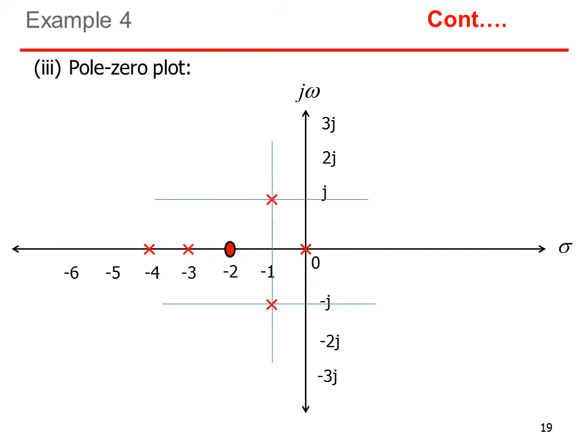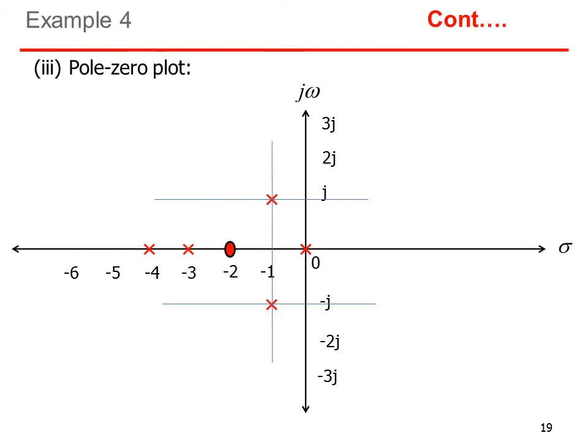Now the pole-zero plot. See carefully. First the zero, that is minus 2, is represented by the circle. Now we draw the poles. First is 0. You can mark it using the cross sign. Then the second pole is minus 3, then minus 4.